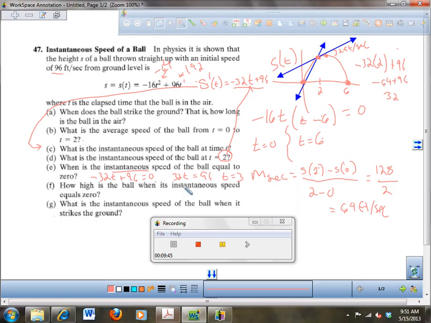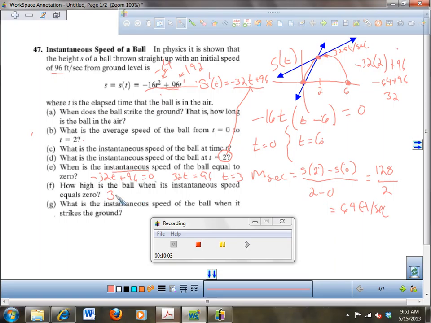How high is the ball when the instantaneous speed equals 0? This is where they're testing whether to plug into the original equation or the derivative. If I want to figure out how high the ball is, which equation should I plug into? Into the original, because this tells you the height at any point.